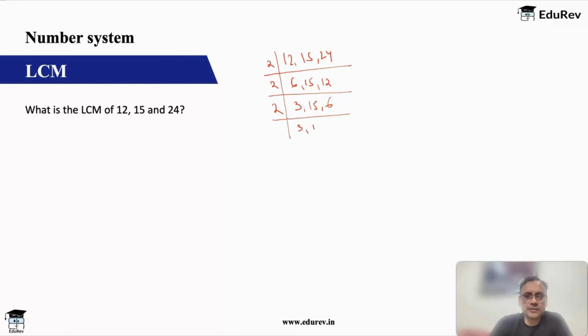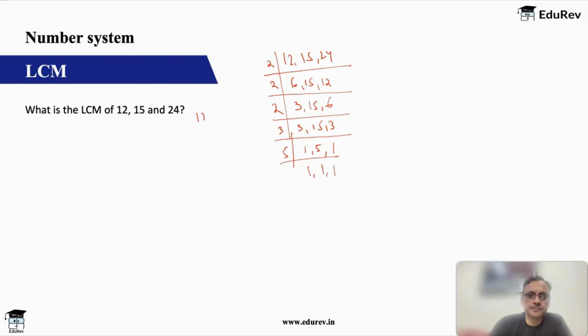So 3, 15 and 3. Okay. Then 3. 1, 5, 1. Then 5. I get 1, 1, 1. So the LCM is 2 into 2, 4, 4 into 2, 8, 8 into 3, 24, 24 into 5, 120. Okay, this is one method.